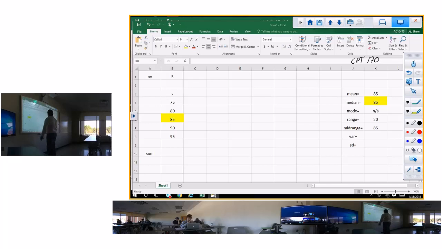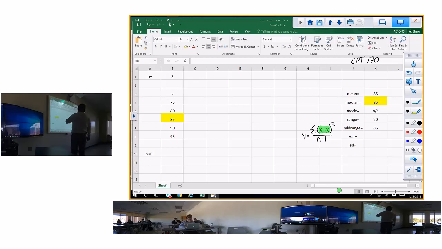So here's the formula for variance. Variance is equal to the summation of x minus x bar, raised to the second power, over n minus 1. And I told you before, what do we do first? We're going to do x minus x bar first.